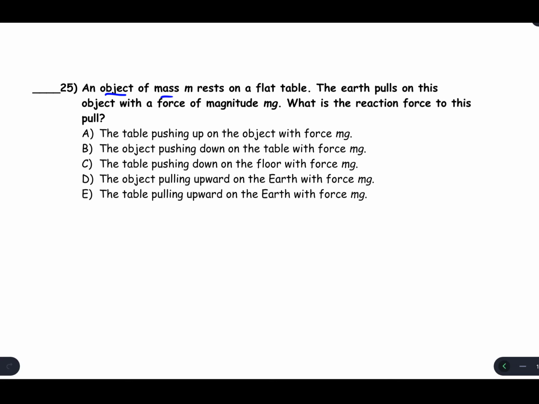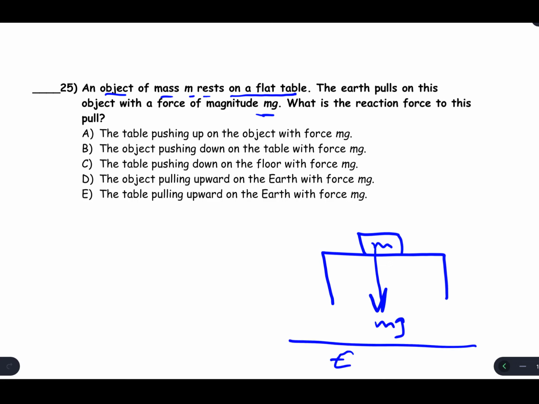An object of mass m rests on a flat table. This is the table, and this is the object of mass m. The earth pulls on this object with a force of magnitude mg. So this is the weight, by the earth. Right, guys? What is the reaction force to this pull?